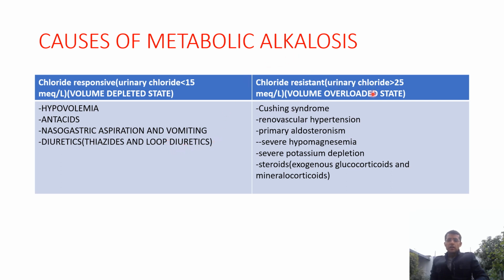Chloride resistant, urinary chloride more than 25, volume overloaded states: Cushing syndrome, renovascular hypertension, primary aldosteronism, severe hypomagnesemia, severe potassium depletion. Steroids are so much used in ICUs and hospitals. Exogenous glucocorticoids and mineralocorticoids can be a cause of metabolic alkalosis.